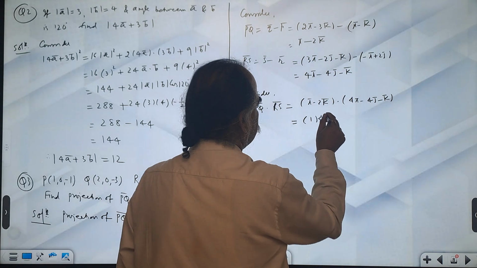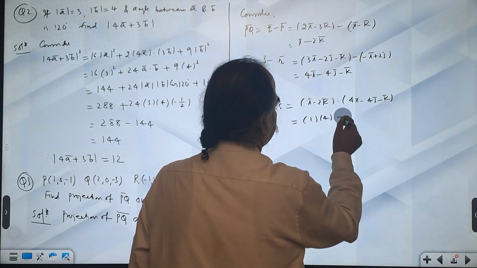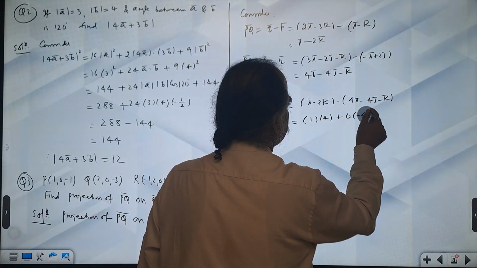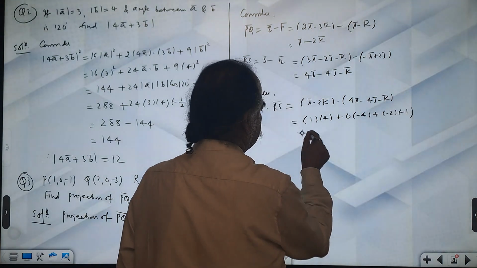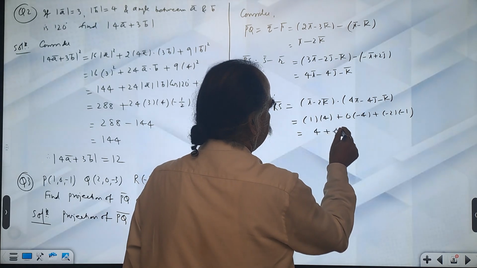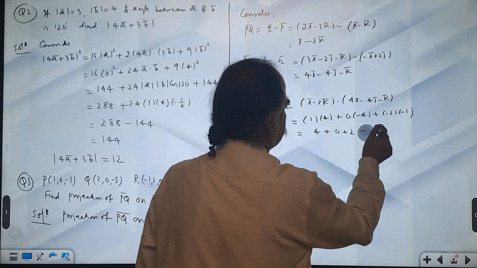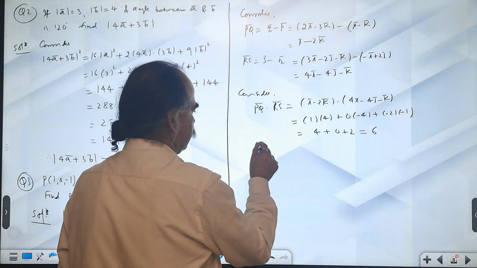One into 4 plus 0 into minus 4 minus 2 into minus 1. 4 plus 0 plus 2 is equal to 6.